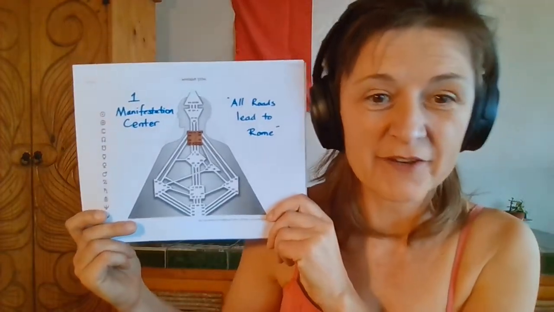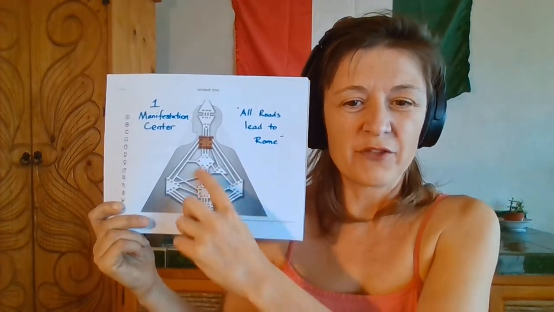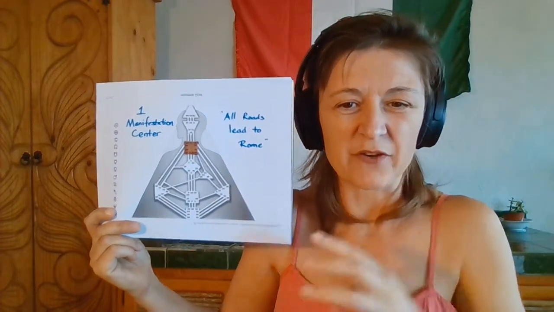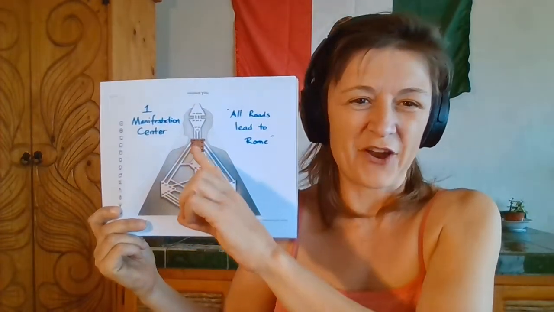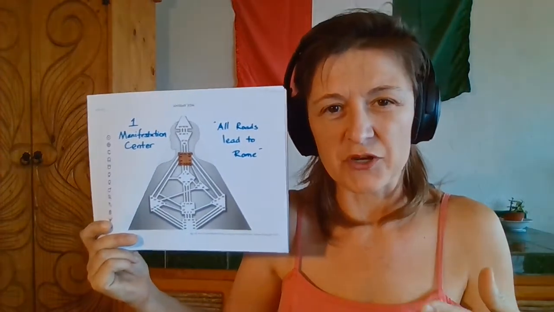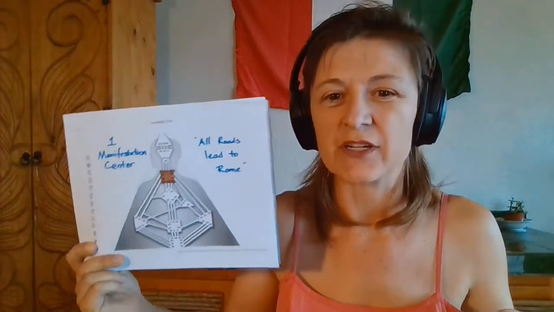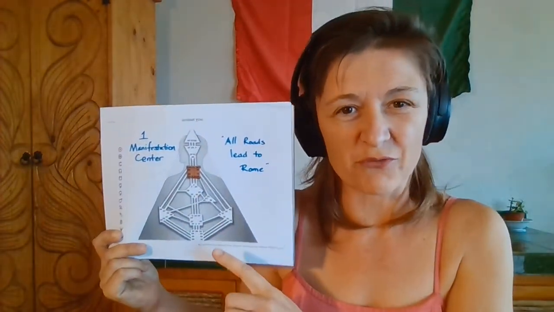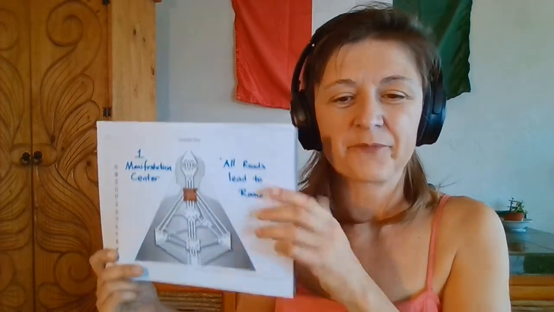And in the body graph of 9 centers, there is 1 manifestation center. It's the throat center. And all of those motors and those awareness centers, it all points there. And manifestation has to do with vocal expression as well as kind of more physical expression. But it's about getting energy to the throat to make something happen.